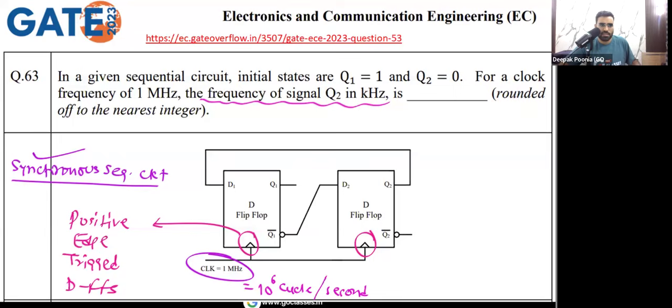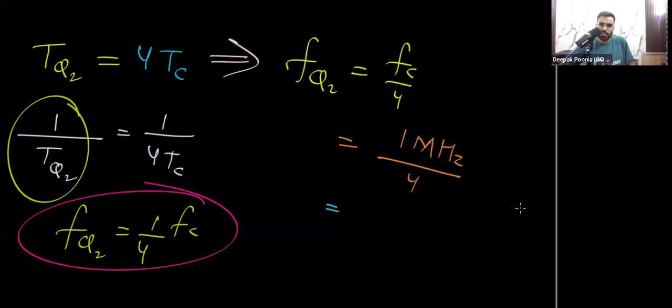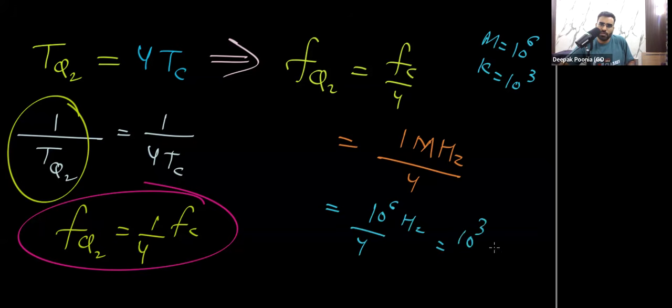And the question is asking for the frequency of the signal Q2 in kilohertz. You know that capital M, mega, means 10 power 6, and kilo means 10 power 3. So here it will be 10 power 6 hertz divided by 4. I can write it as 10 power 3 kilohertz divided by 4.